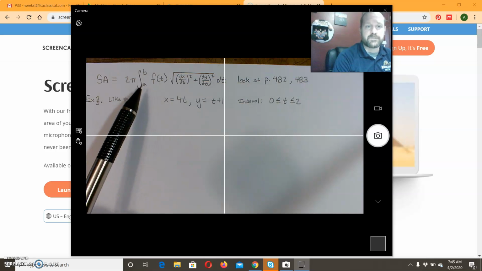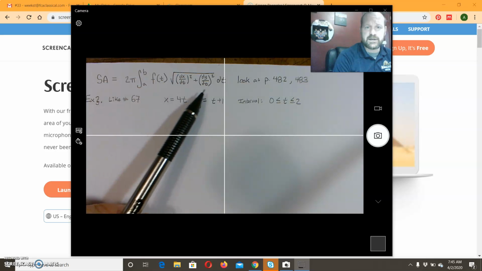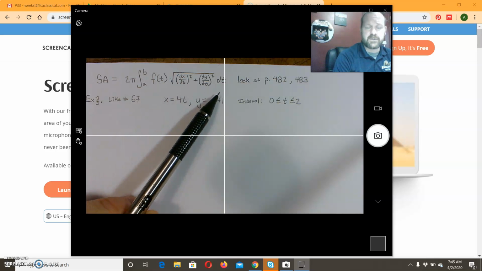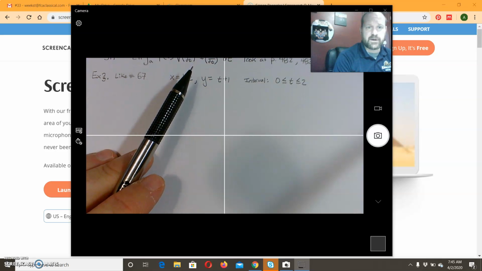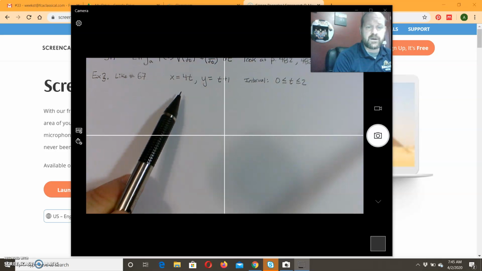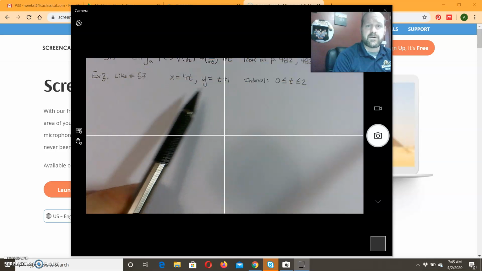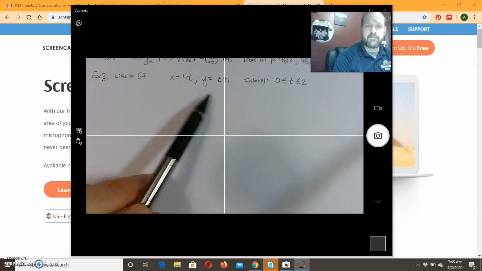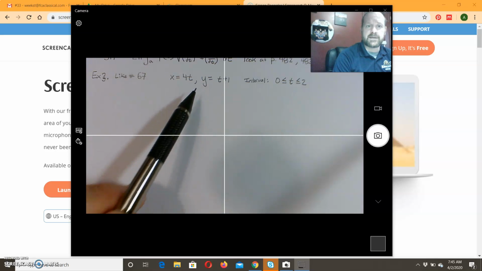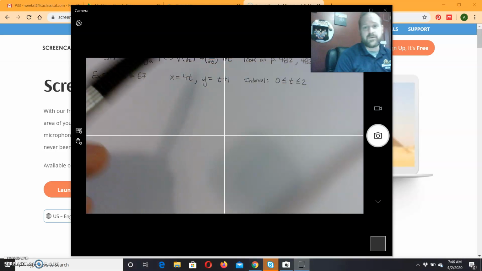So I've got a new equation going on here, but it looks very, very similar to something we just did. I'm going to do the math first, and then we'll work a problem and show what's going on here. We want to find the surface area of some shape over this interval that has been rotated, or revolved, around the x-axis.